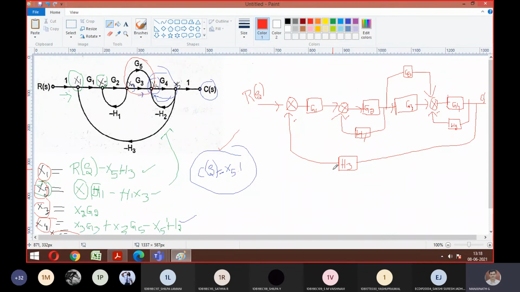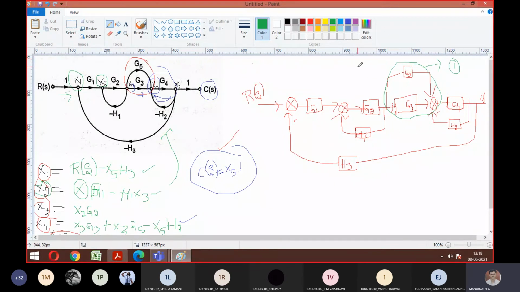Five steps? Okay. We'll try to trace it one by one. Which is step number 1? G5 and G3 parallel. Good. So this combination is what your friend is telling. Is this your step number 1, guys? Agree, everyone?